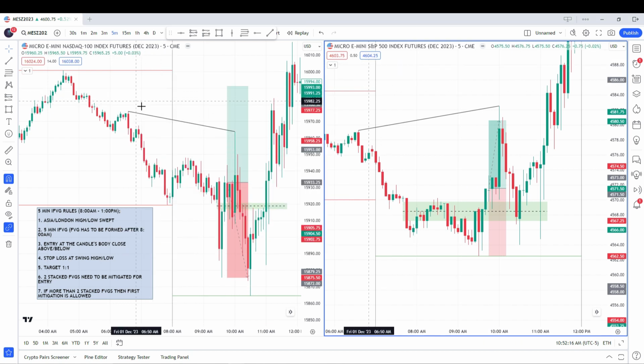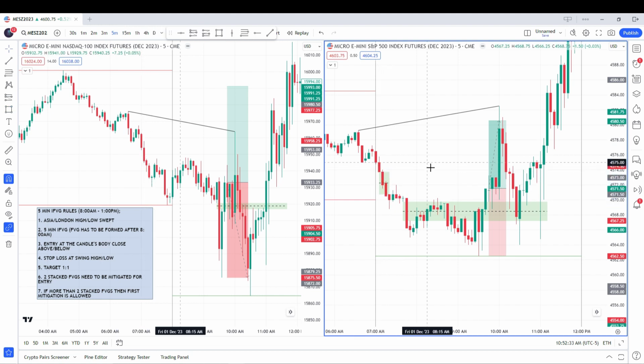Now, in terms of stacked fair value gaps, if there are two stacked fair value gaps, meaning, for example, right here, now ignore this top one right here, but see, this is two stacked fair value gaps. One here, one here.